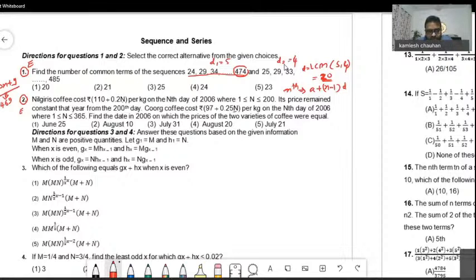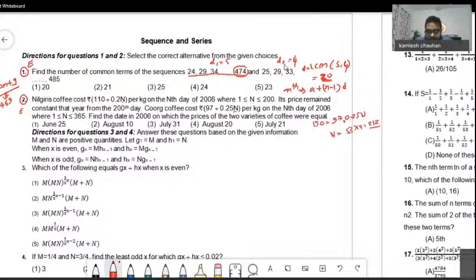So 110 plus 200 को multiply करेंगे into 0.2, we'll get 40. So 150 is equal to 97 plus 0.25n. So n is 53 into 4, which is 212.